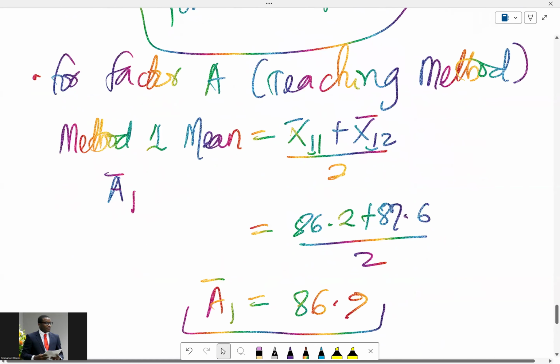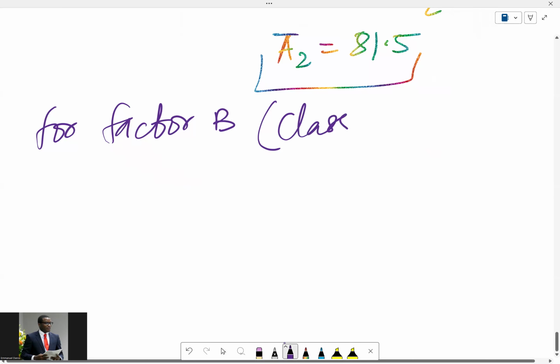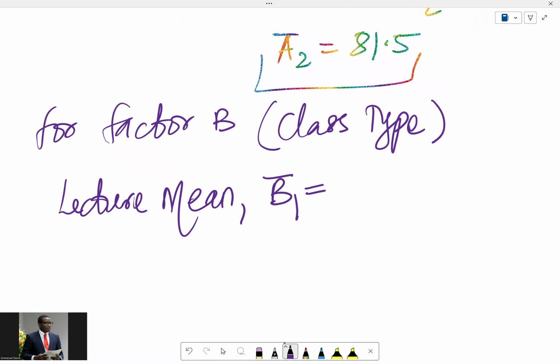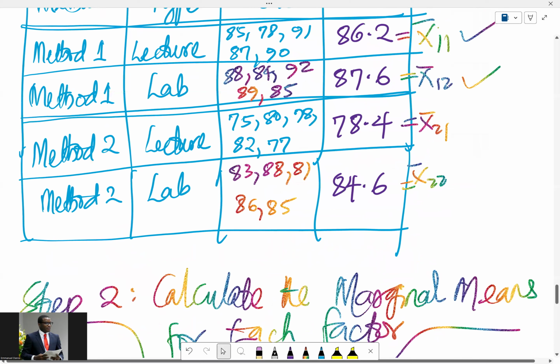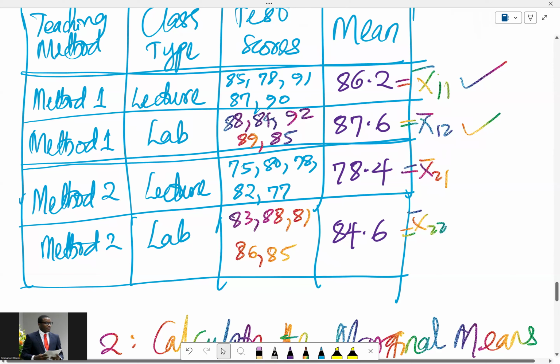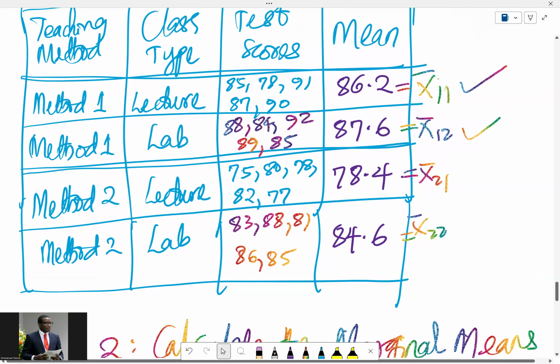We now have lecture mean, which is more like B1 bar, because lecture is the first level of factor B. That will be us putting together everything about lecture, so lecture here and lecture here.